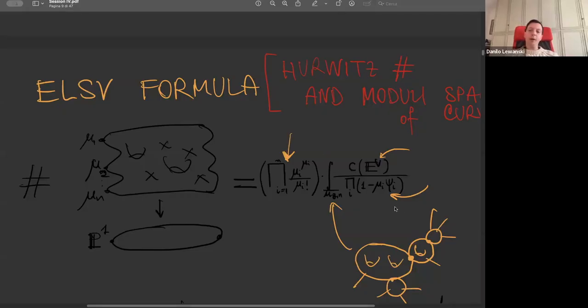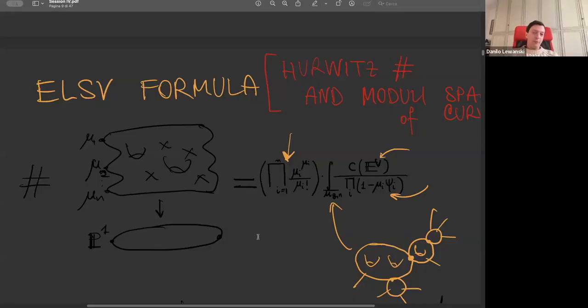So this polynomial in the mu i's is not homogeneous of degree 3g minus 3 plus n, but is a polynomial whose top degree is 3g minus 3 plus n, and bottom degree is not 0, but 2g minus 2 plus n, because this factor is only a polynomial of degree g in the cohomological degree. So you don't have all of the degrees in this polynomial. You have very specific degrees.